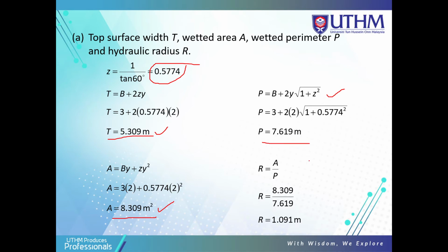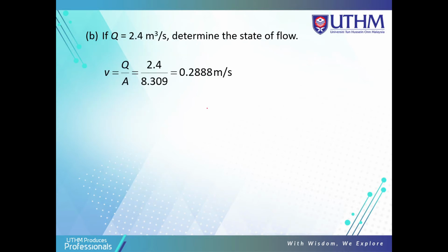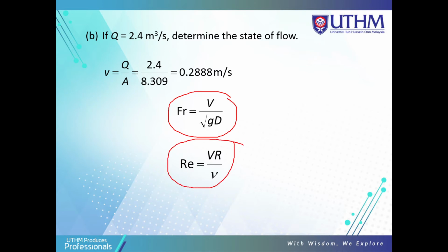After you get A and P, R is equal to A over P, and you get R is this one. This stage, the state of flow, we learned in the last slide, and I will explain it after that.